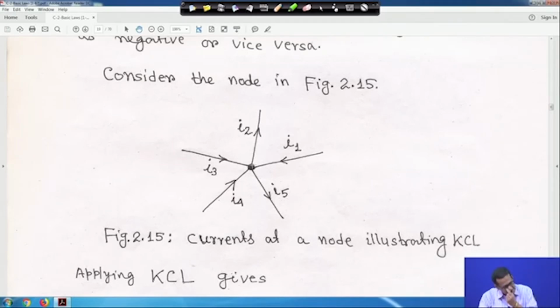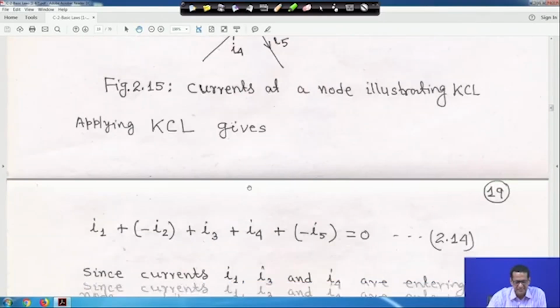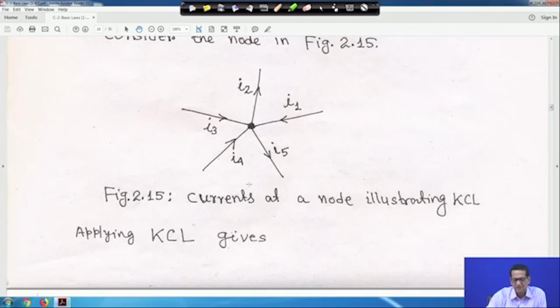If you apply KCL, Kirchhoff's first law, at this node, the algebraic sum of the currents meeting at this node is 0.